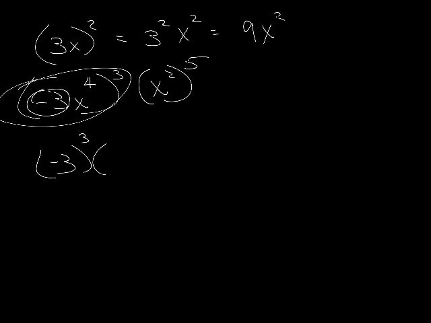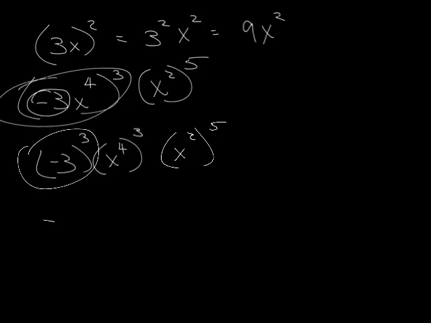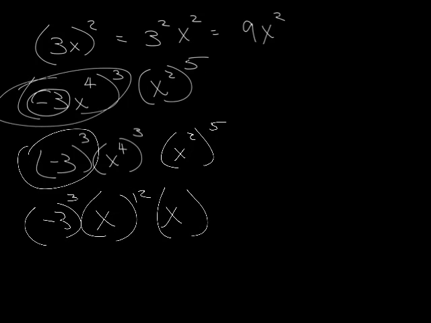And then we take our x to the 4th, and we cube it. So what we did is we distributed this 3 to everything inside of here. And we're going to do the same thing with this x squared, we'll just leave it like that for right now. So this is going to be -3 cubed. This is going to be x to the 12th. And this is going to be x to the 10th.